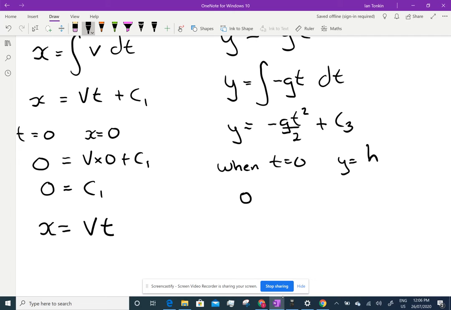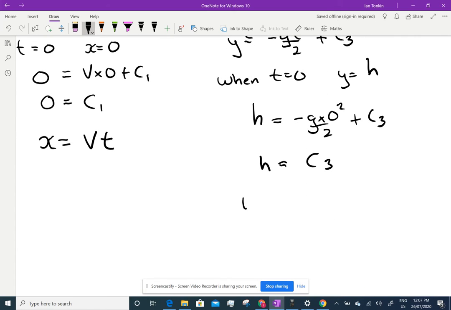So h equals minus g times 0 squared over 2 plus this C3, which means h is going to equal that C3.